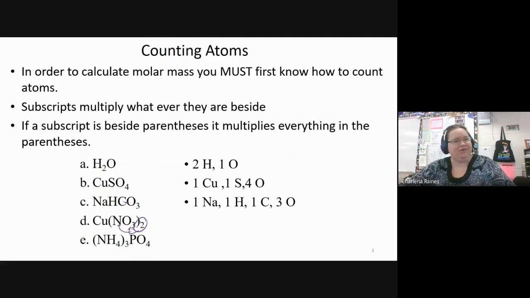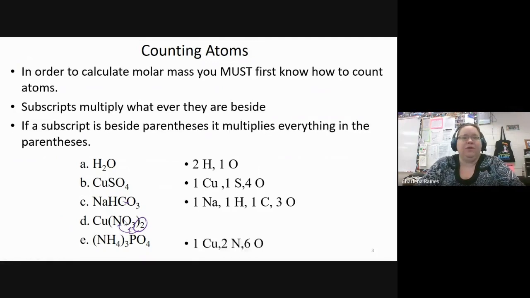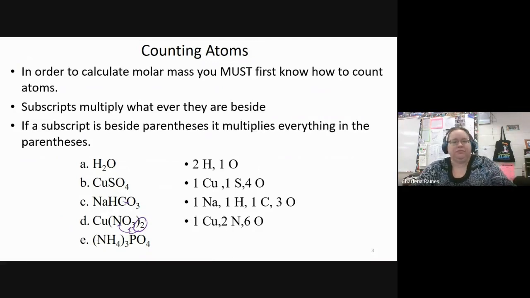So this 2 outside that nitrate is going to affect the 3 beside the oxygen and the 1 beside the nitrogen. So once we count our number of atoms, we've got 1 copper, 2 nitrogens, and 6 oxygens. It doesn't matter how many polyatomics there are, the number outside the parentheses multiplies everything inside the parentheses.